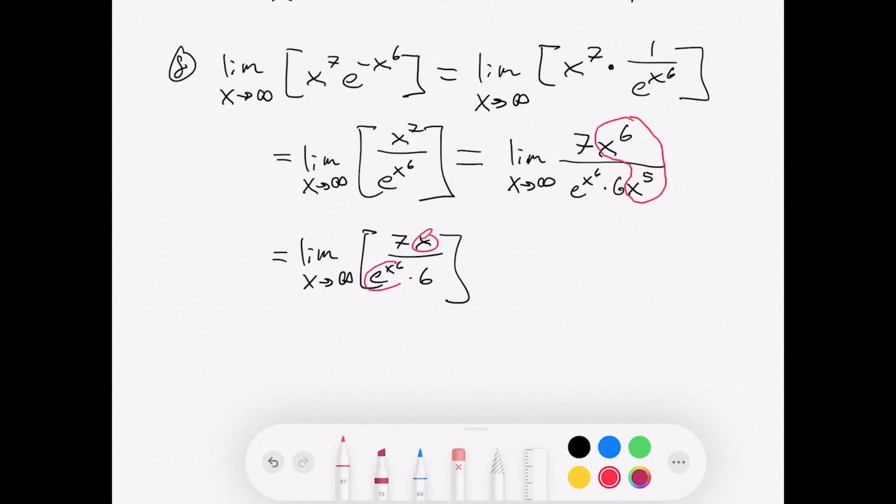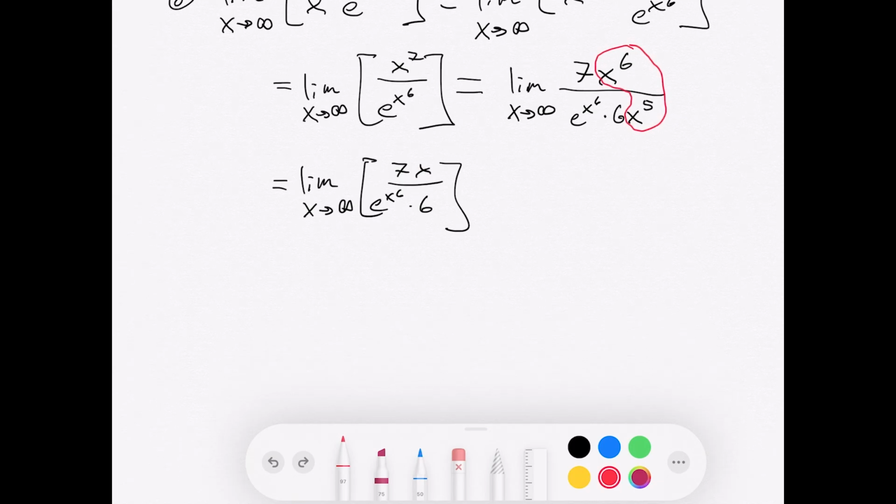E to the infinity to the 6 is still equal to infinity, which means we have infinity over infinity, which is an indeterminate form. And I'm not seeing any more clever way to simplify this into something that does not require us to apply L'Hopital's rule again. So, guess what we're going to do? We're going to apply L'Hopital's rule again.